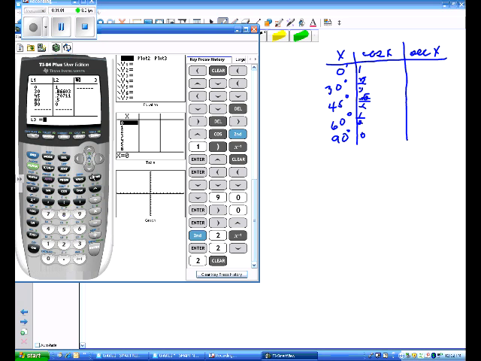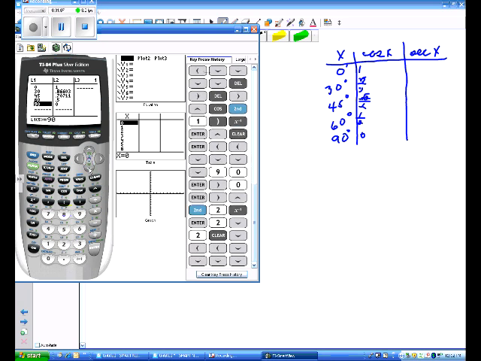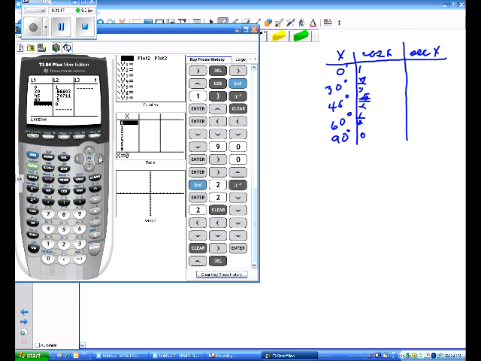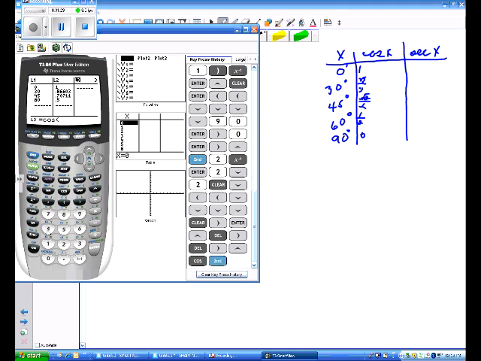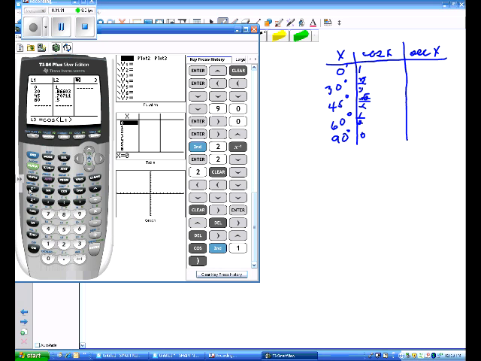Let's clear that off. And let's go back over here to column 1 and clear out the 90. We're going to delete it. We'll go over to column 2 and we'll delete that 0. And now let's go to column 3 and put in cosine, second L1, close the parentheses, reciprocal, and press enter.